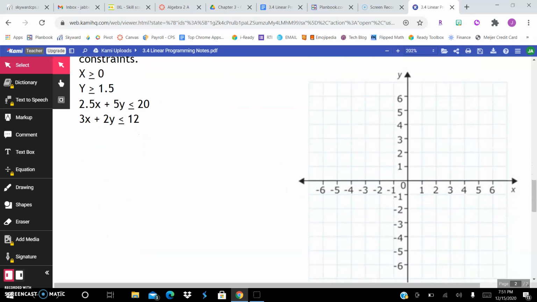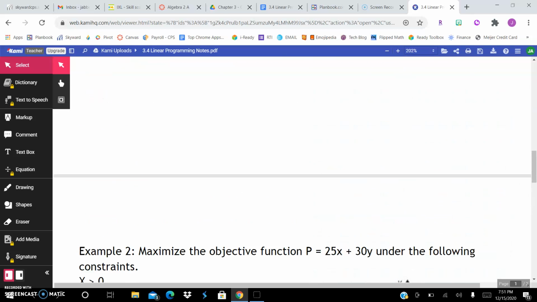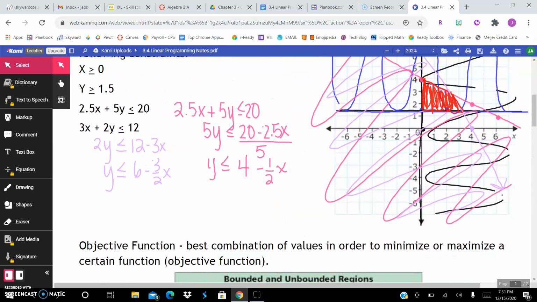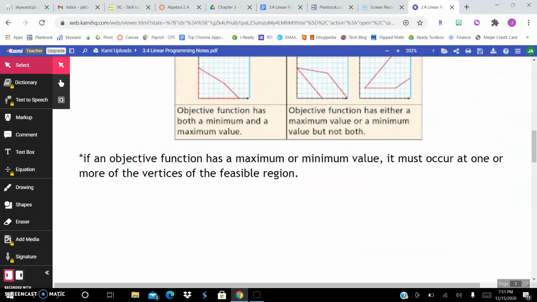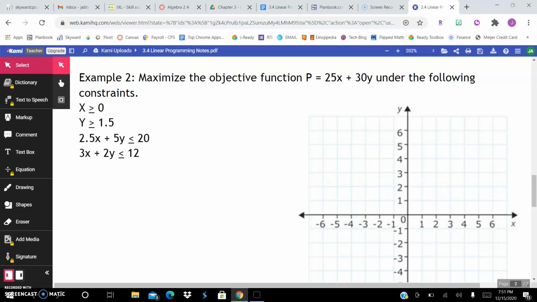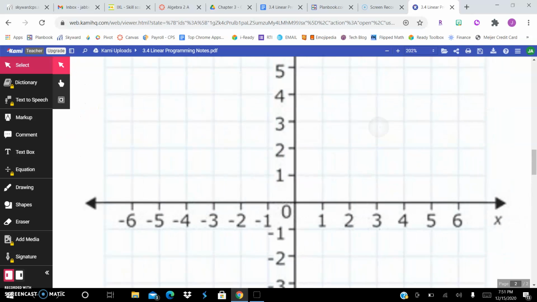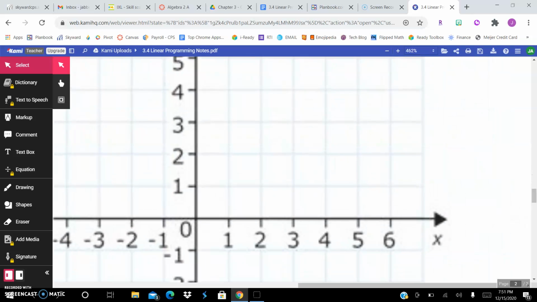So this right here is our same problem that we just did in the example up above. So if I go back to this graph, it looks like we go from 1.5 up to 4 on the y-axis. So instead of going through all of this and graphing, I'm just going to copy it down.